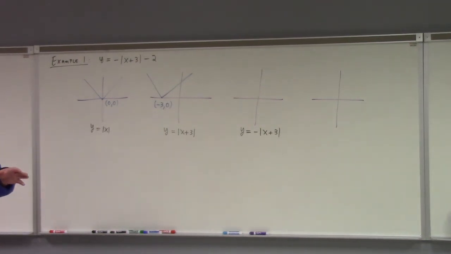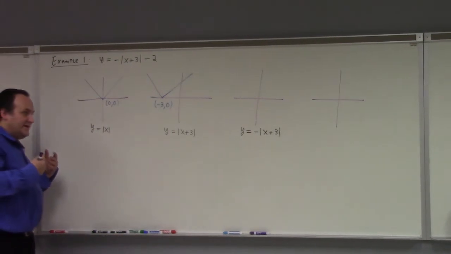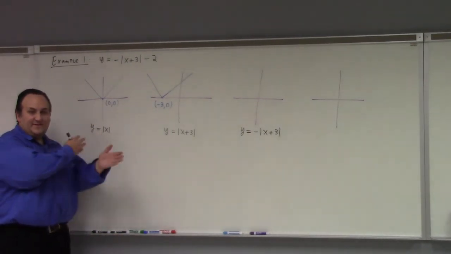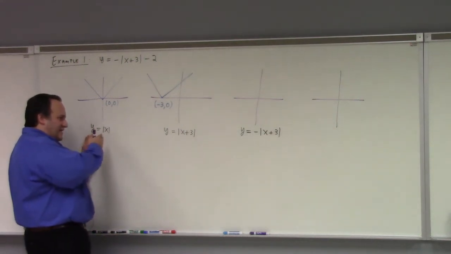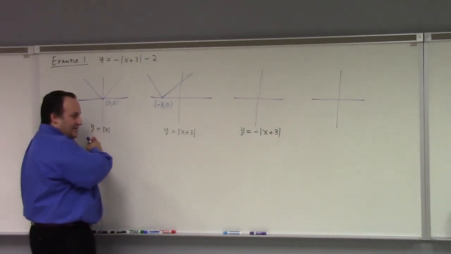It's possible for a given problem there's more than one set of transformations that will get you to the desired end. But generally speaking, you can't just willy-nilly change the order of the steps. And the way it works is each step is the starting point for the next one.